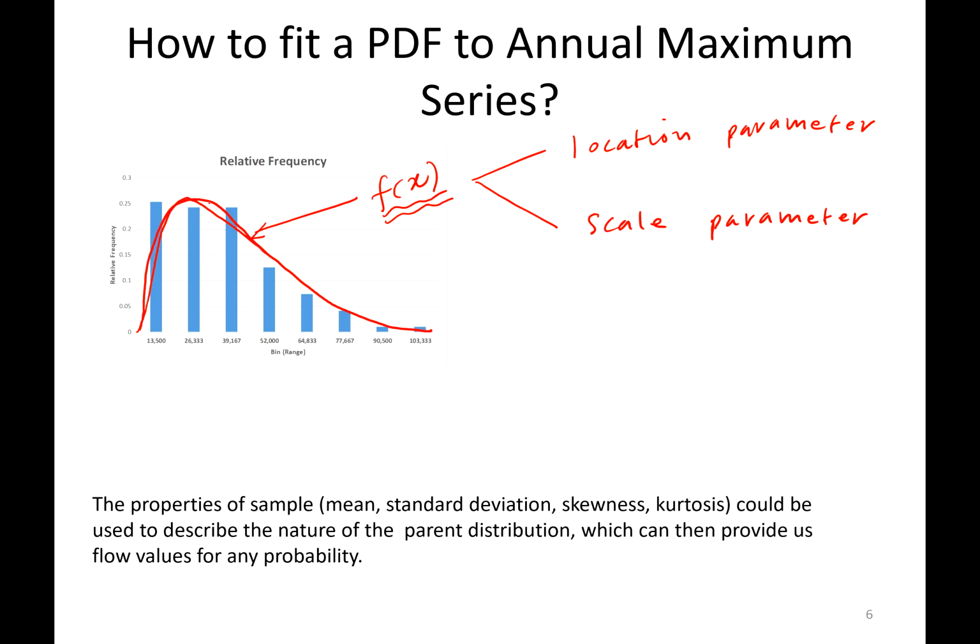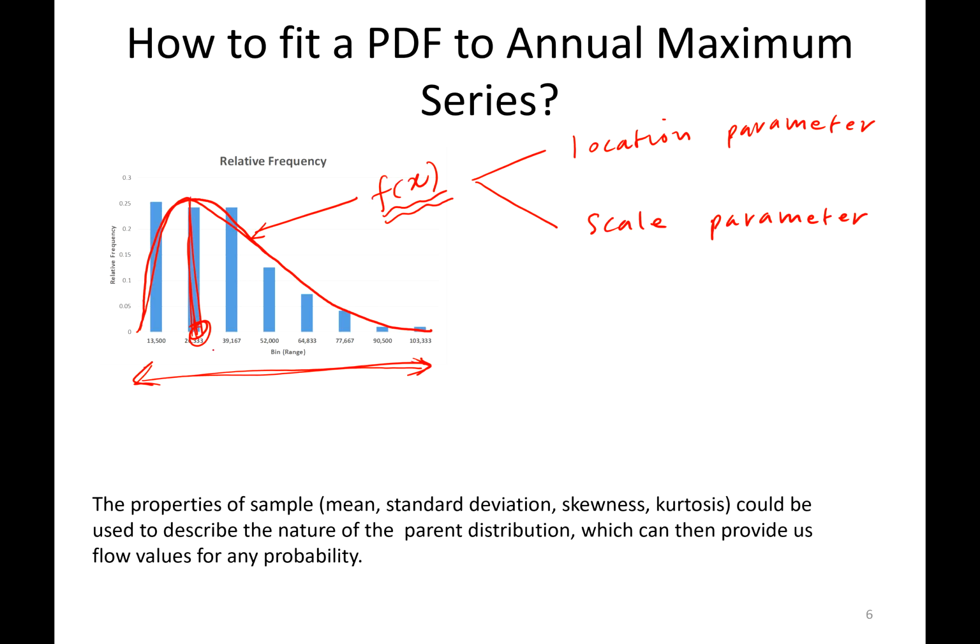The location parameter defines where the peak is located, and the scale parameter defines how stretched the probability density function is. I'm not going to go into all the details of how you fit a probability density function to your data. That's a whole other class. In this case, I just want you to know that you can fit a theoretical probability density function to your data.